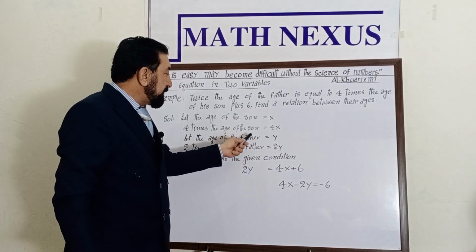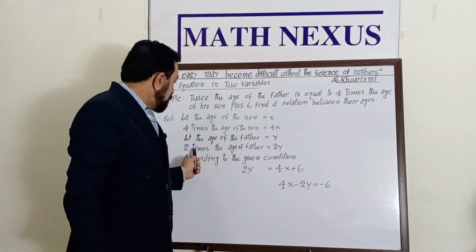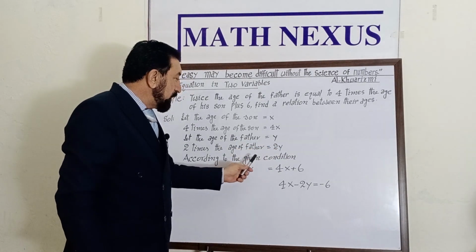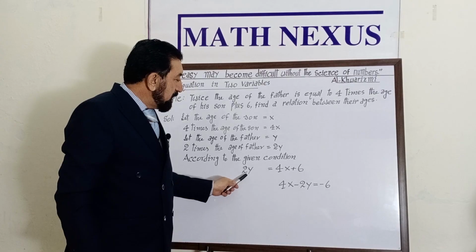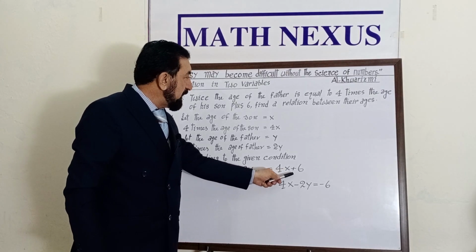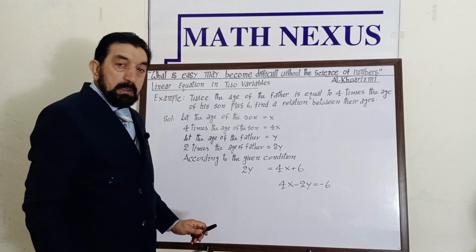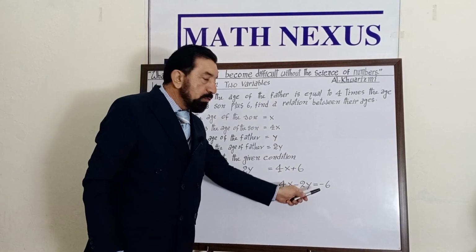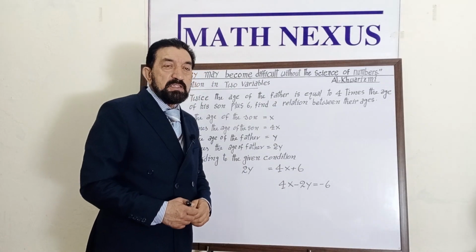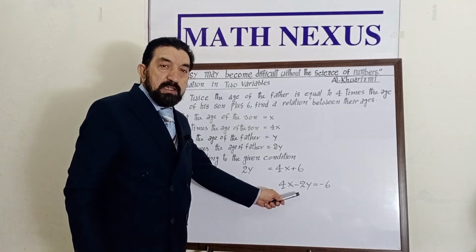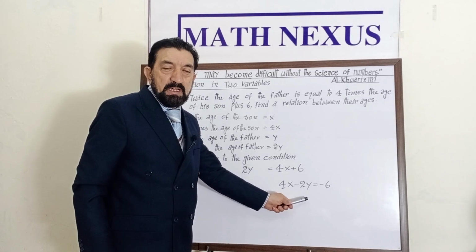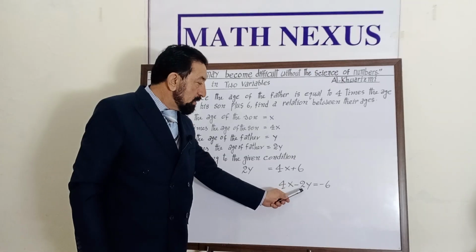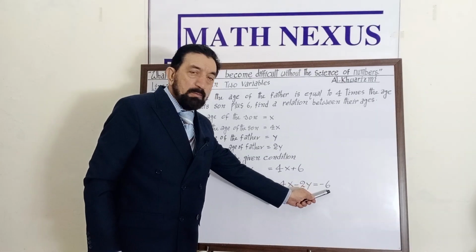Let the age of the father be y. 2 times the age of the father means 2y. According to the given condition, 2y equals 4x plus 6. Now combine: 4x minus 2y equals minus 6. This is the required linear equation in two variables x and y. 4 is a coefficient, minus 2 is a coefficient, and minus 6 is the constant.